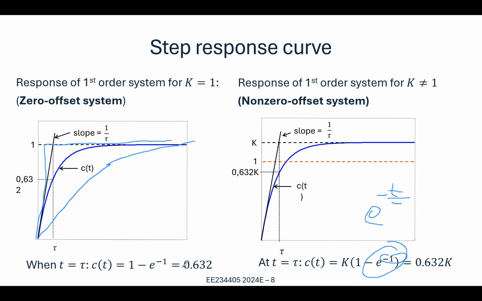And here we have 0.632, and also 0.632 times k if k is not 1. So typically that would be what's called the settling time and the rise time, which would be derived based on how fast the system works, which is determined by the time constant.